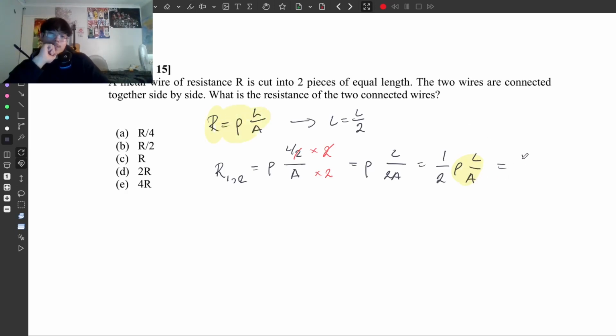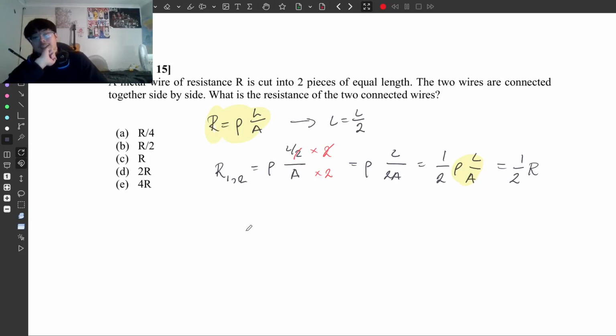So this is just going to be equal to 1/2 of R. So the resistance in each of the two wires is now going to be half of what it originally was.